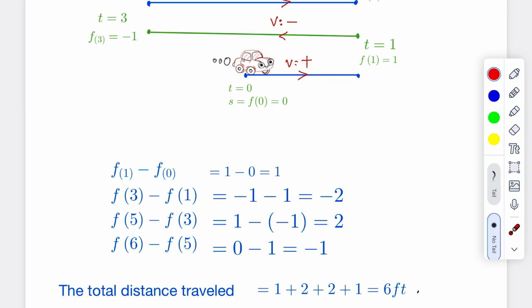So take the absolute value of those results we got over here. We got 1, adding the absolute value of this, which is 2, plus 2, and then plus the absolute value of this one, which is 1. So the total distance traveled will be 6 feet.